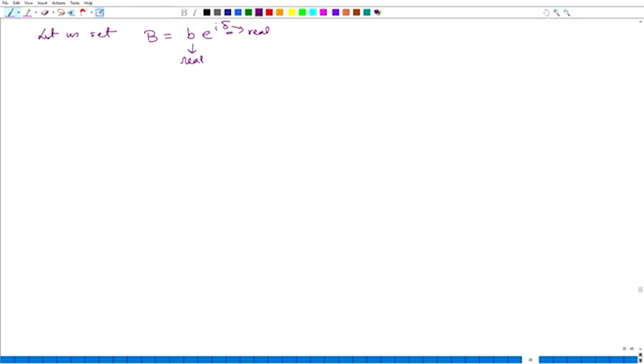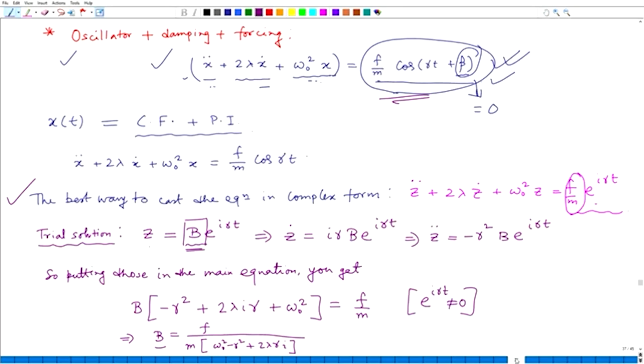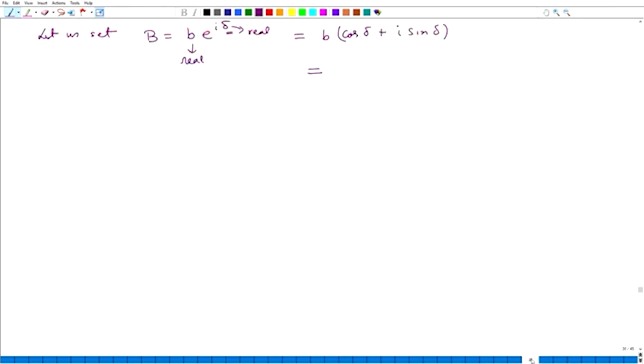So, if we do that, then of course we have to write that B, that is nothing but B cos delta plus i sin delta, is equal to this expression F by m times omega 0 square minus gamma square plus 2i lambda gamma.